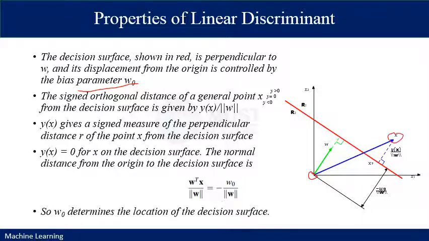So it is the distance from the decision boundary to the actual location. y(x) gives us a signed measure of the perpendicular distance r of the point x from the decision surface. If y(x) is greater than 0, our point lies on the positive side of the classifier, and if y(x) is less than 0, we classify the example as negative.